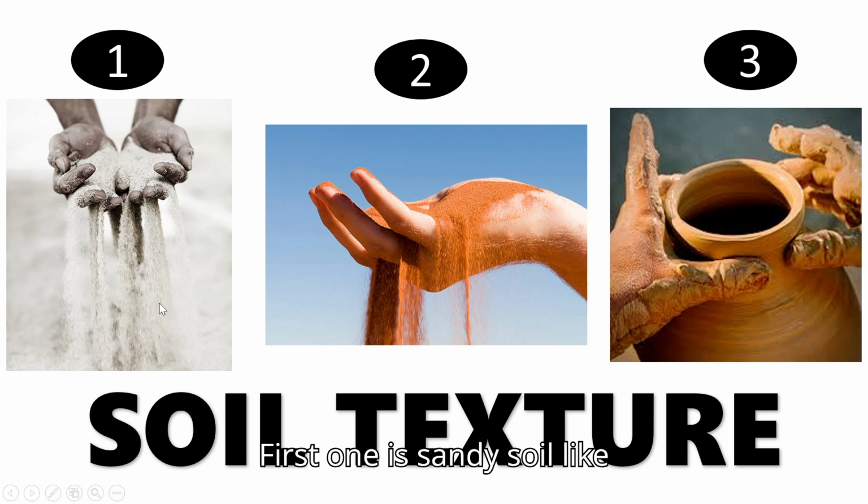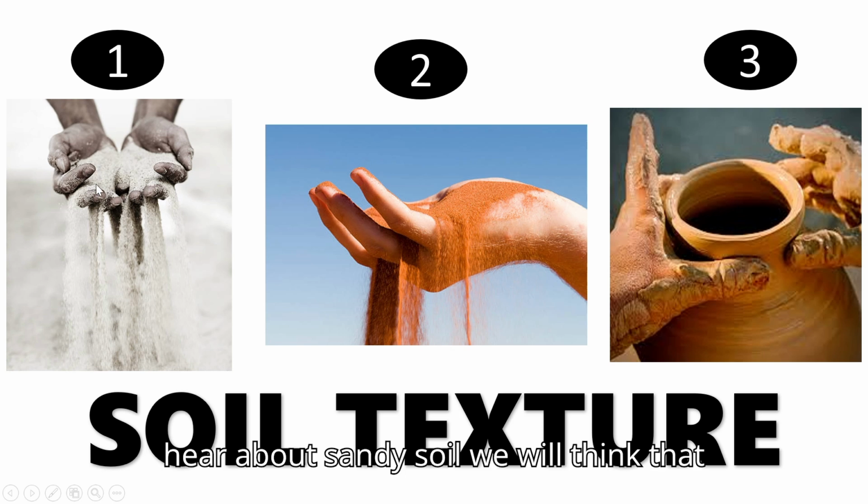The first one is sandy soil, like we see on beaches. The second one is silty soil, and the third one is clay soil. This is known as soil texture. Remember that in sandy soil also, we have the soil separates like sand, silt, and clay. All the soil separates are present.